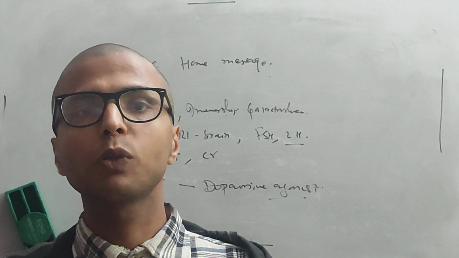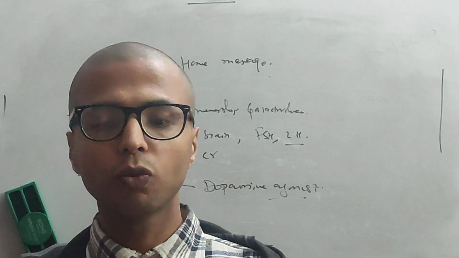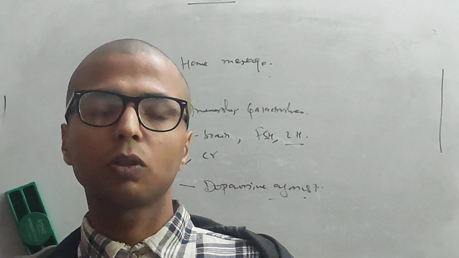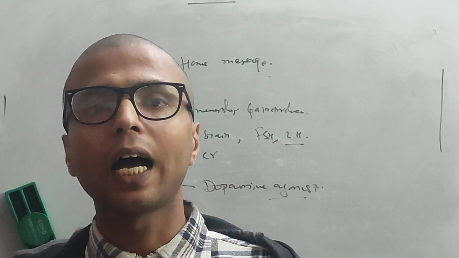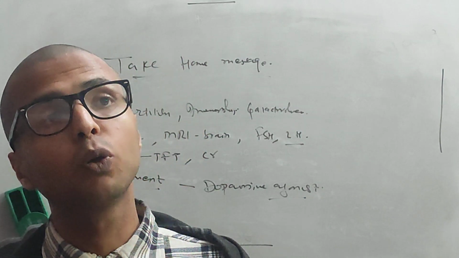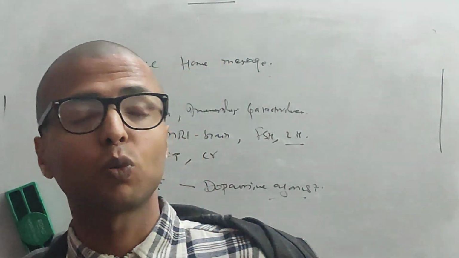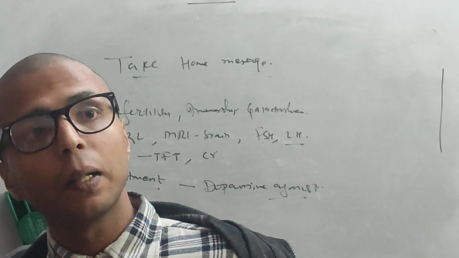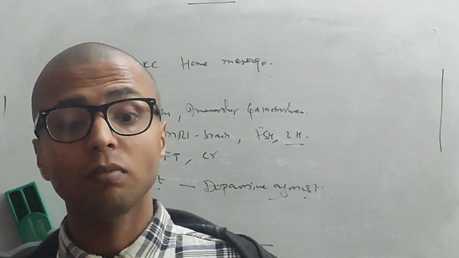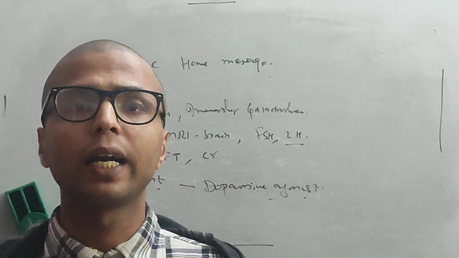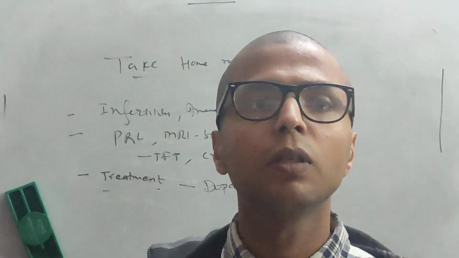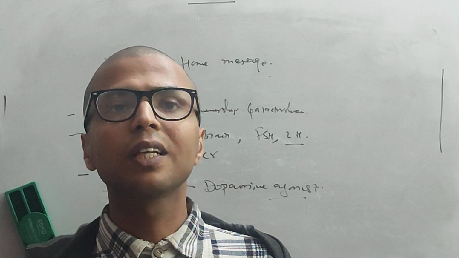So dosing frequency wise, it is good for the patient to take cabergoline, because the dosing frequency is only twice a week. It has a longer half-life, about 1 week. So even if you give it twice weekly, it manages the symptoms of hyperprolactinemia. So I hope you understood from this lecture. Thank you.